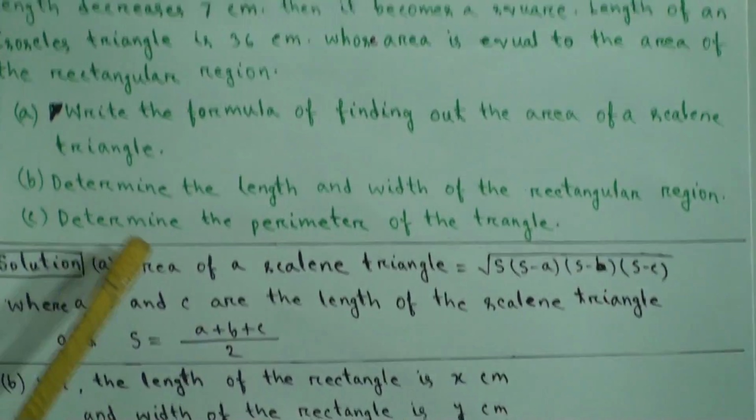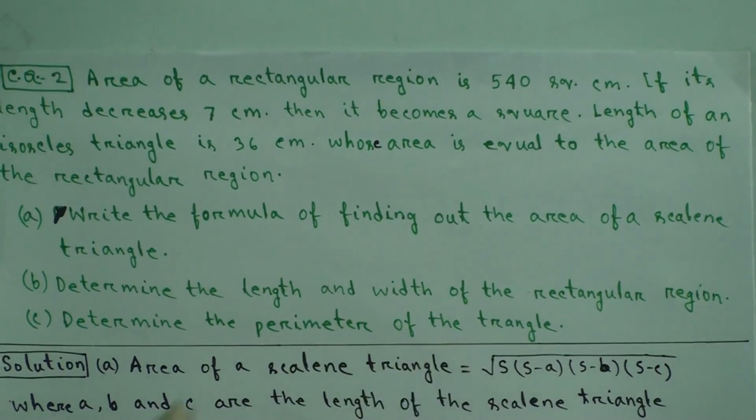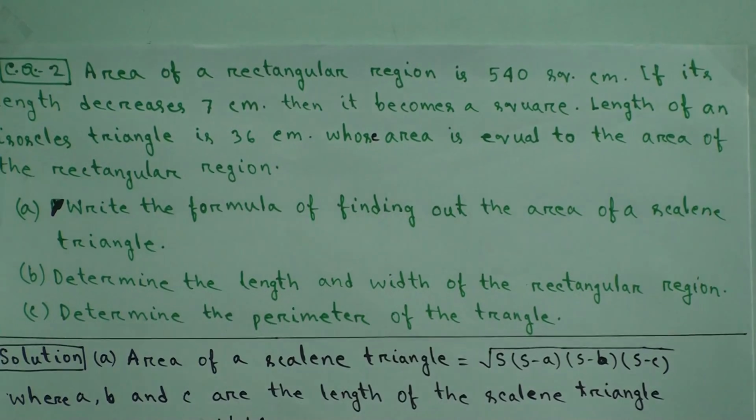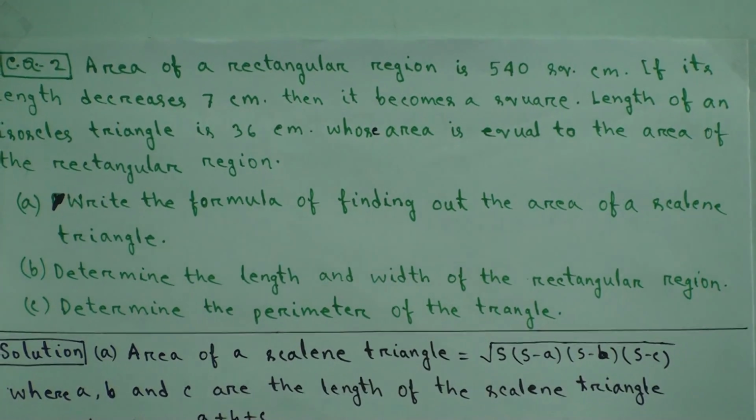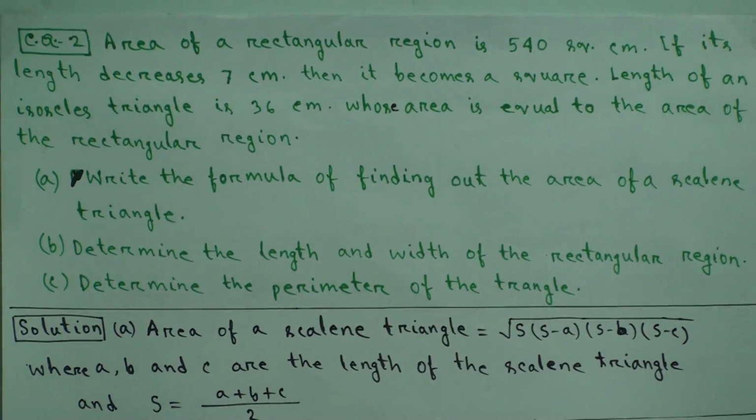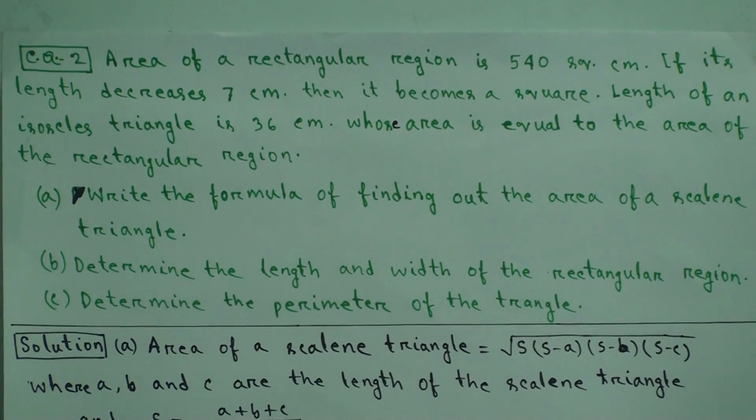Here question is, determine the perimeter of the triangle. Perimeter means the sum of the length of all sides of the triangle. So we have to know the length of all sides. Here the triangle is isosceles triangle. That means its two sides will be equal.